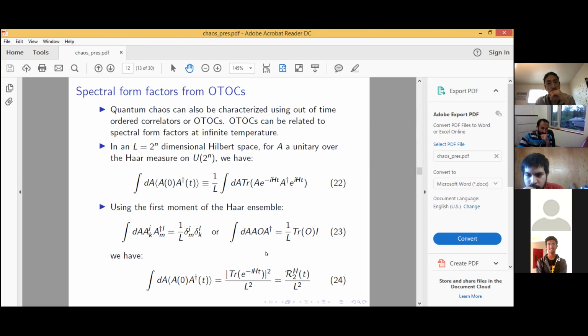Okay. I have a question. Is there any assumption about locality of the Hamiltonian for this evolution? There might be assumptions about locality of the operator, because if we start off with local operators, the 2-point function might initially be 0.